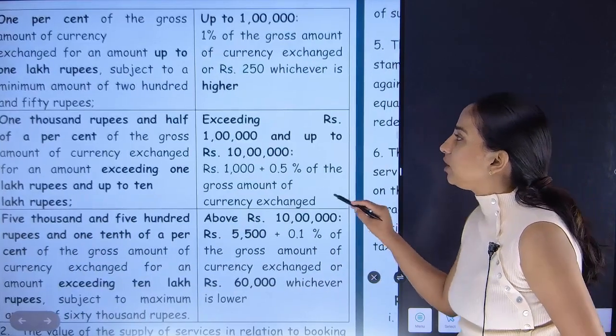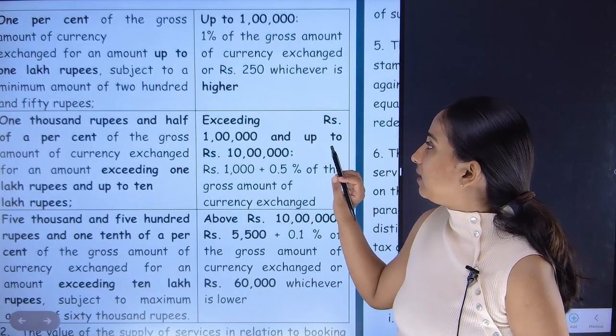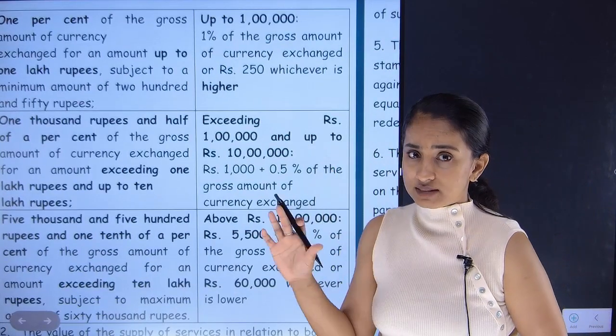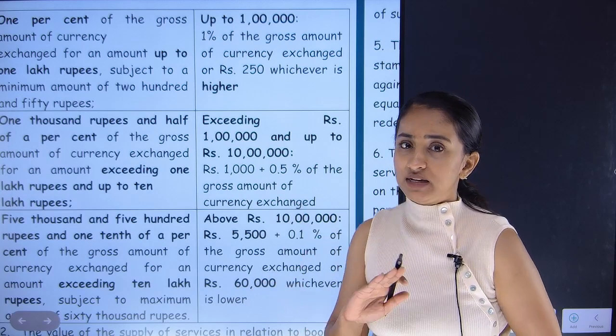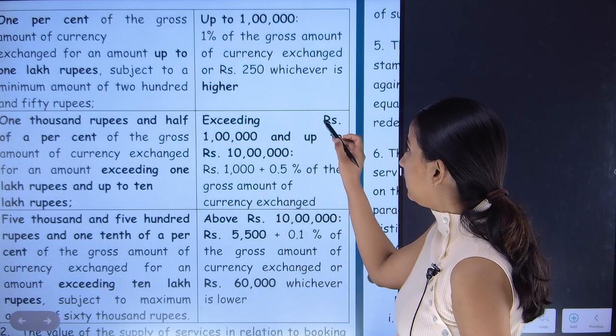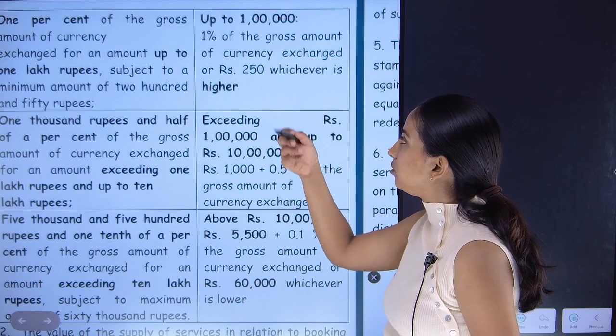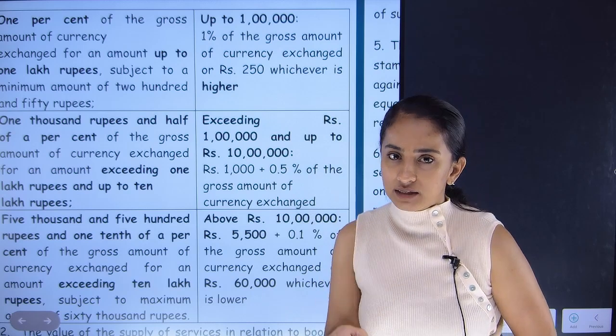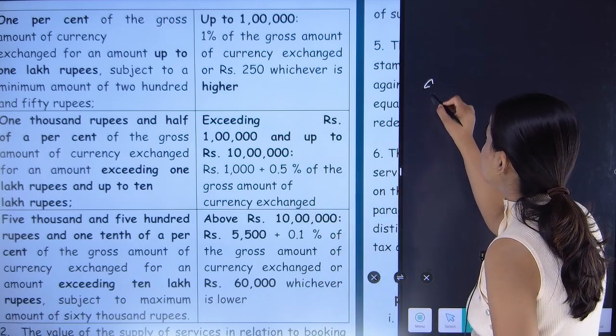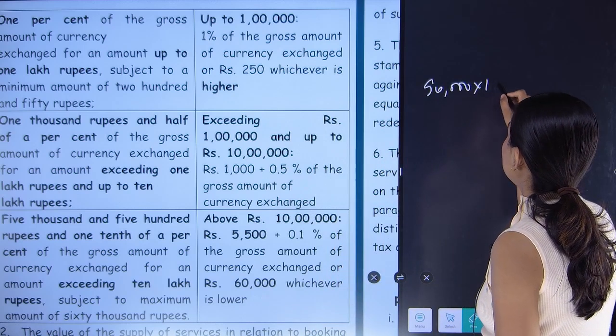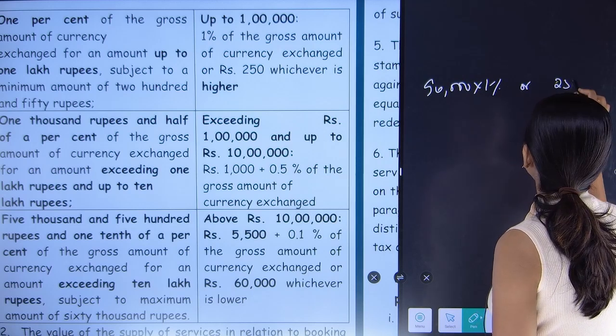If at all it's coming up to 1 lakh rupees, then the amount of money that you're converting, if it's coming up to 1 lakh, then you'll take 1% of the gross amount, how much ever you're converting. Let's say 90,000. 90,000 into 1% or rupees 250, whichever is higher.